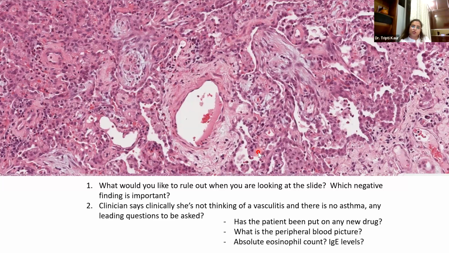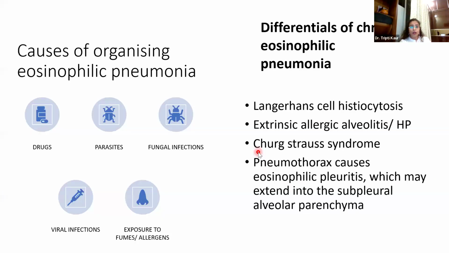And you yourself have to go and look at the BAL fluid. BAL fluid is in your hands. It would have come to your department. Always and always in a lung case, please don't forget to correlate in your mind with the BAL fluid. So these are the causes of organizing eosinophilic pneumonia, just to reiterate.